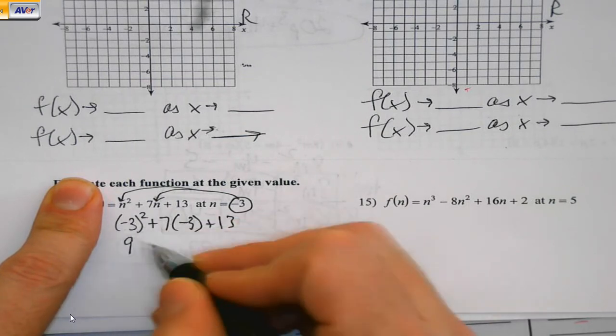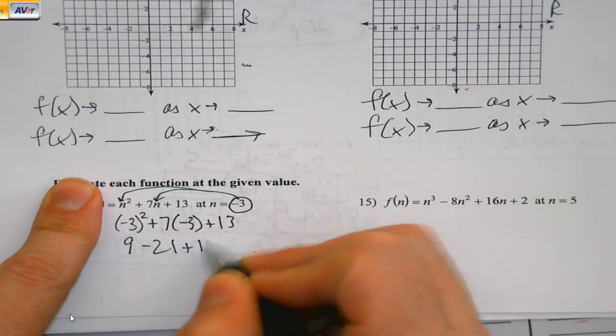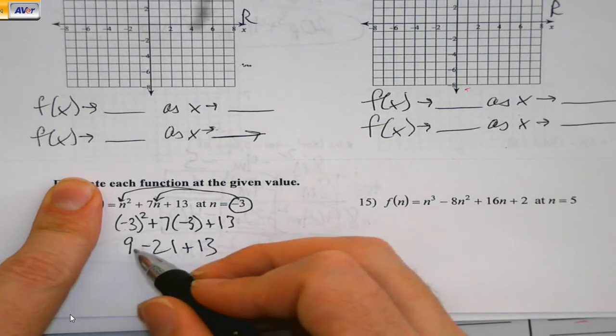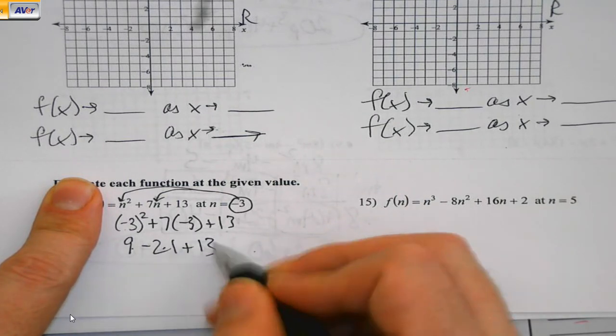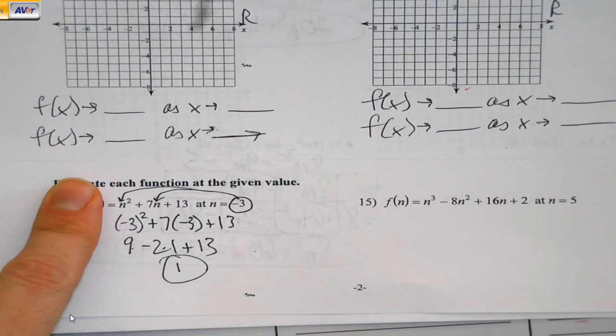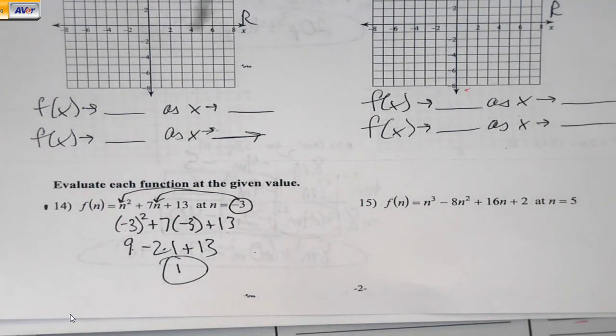I could type this whole thing into the calculator, or I can kind of crank it out manually like I am here. 9 minus 21 is negative 12, plus 13 is 1. So evaluate means solve. Get a number at the end. Because I've got to make sure that works out that way. So I do that for the next one.